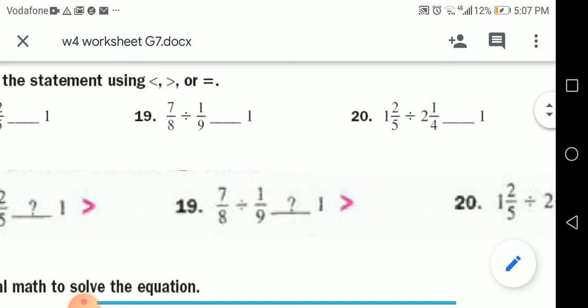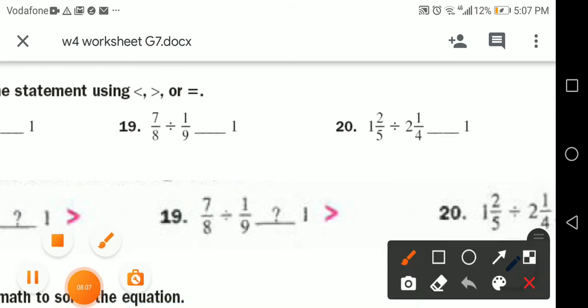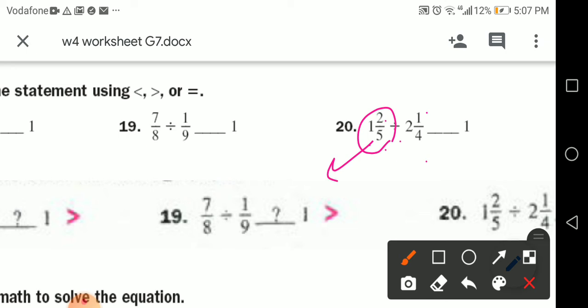Okay, easy one. If I have here 1 2 over 5 divided by 1 over 4, what should I do? Change this into what? Into improper. 5 times 1, 5, plus 2, 7 over 5. Multiply, change. 2 times 4, 8, 8 plus 1, 9 over 4.